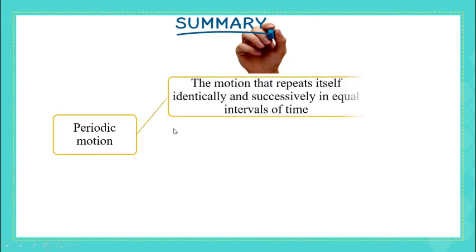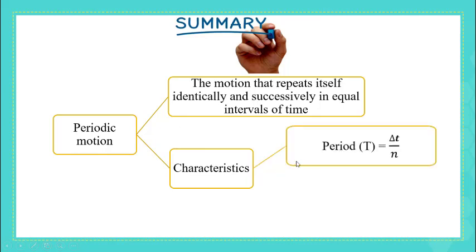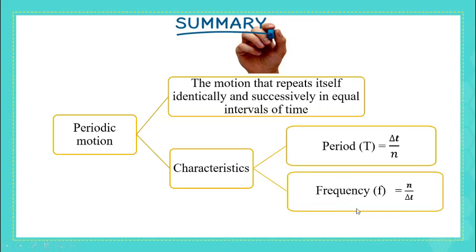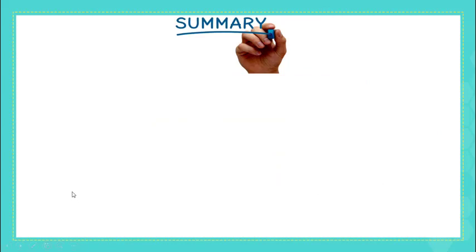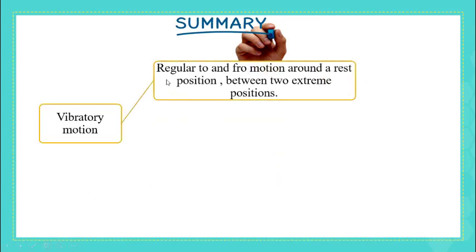Let's summarize now what was shown in this video. A periodic motion is the motion that repeats itself identically and successively in equal intervals of time. It is characterized by its period T, which is equal to delta T divided by N, and its frequency F, which is equal to N divided by delta T. Also, a vibratory motion is a regular to and fro motion around a rest position between two extreme positions.